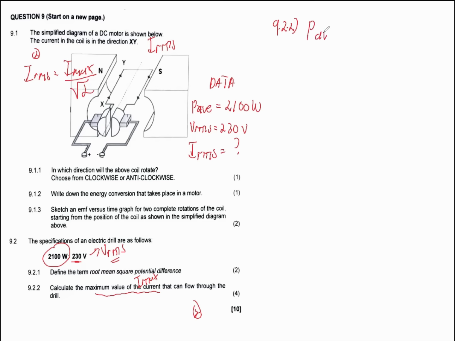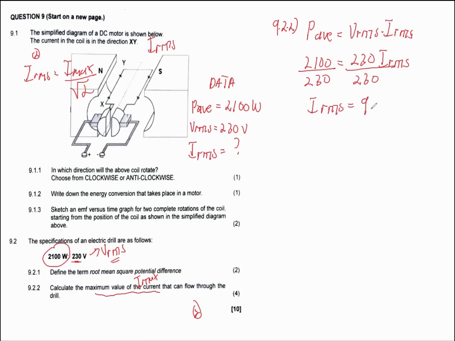So this is P average is equal to VRMS multiplied by IRMS. The P average, 2100, VRMS, 230, IRMS, we don't know. That's what we are looking for. So divide both sides by 230 like that. Then our IRMS is equal to what? So 2100 divided by 230. So this is going to give us 9.13 amperes.